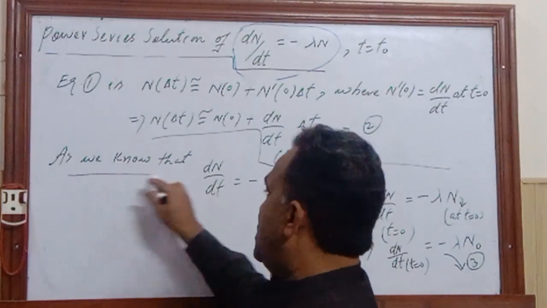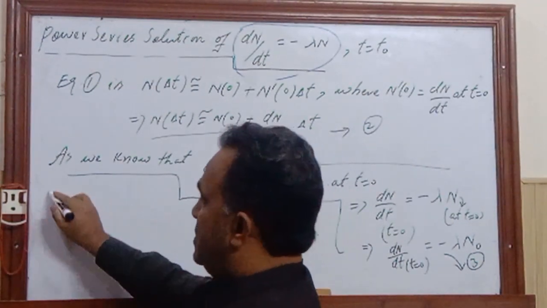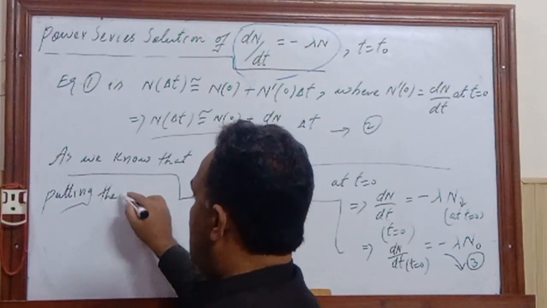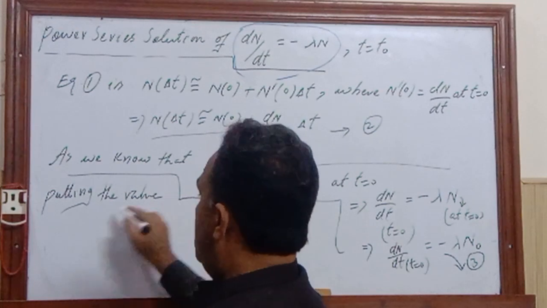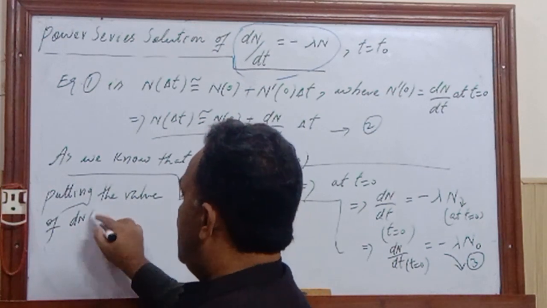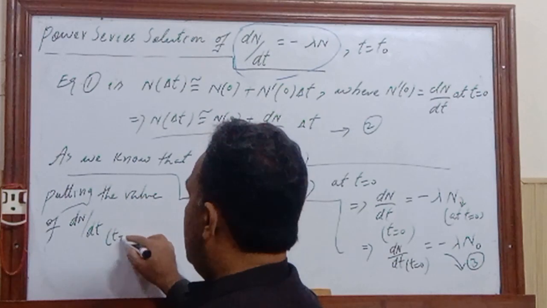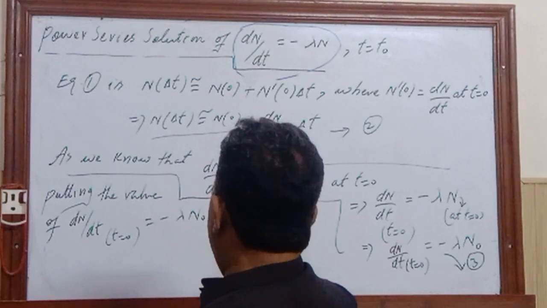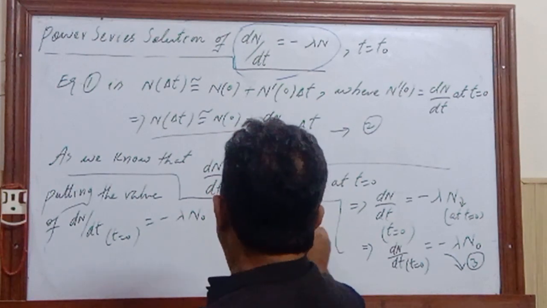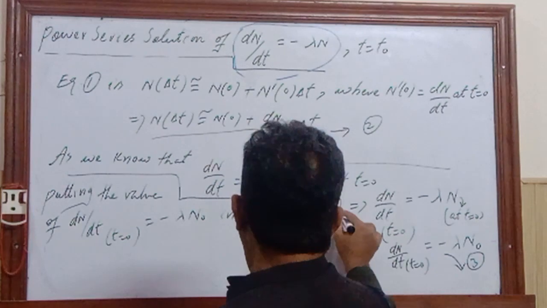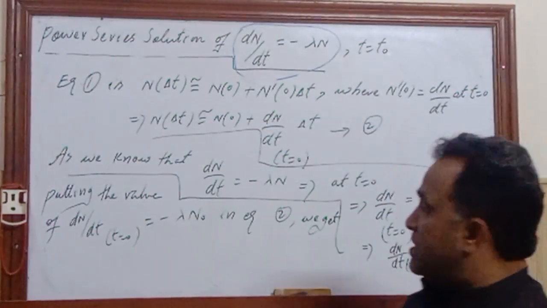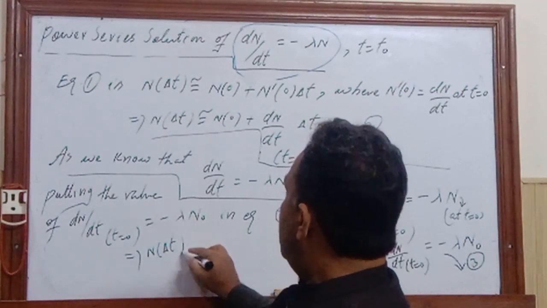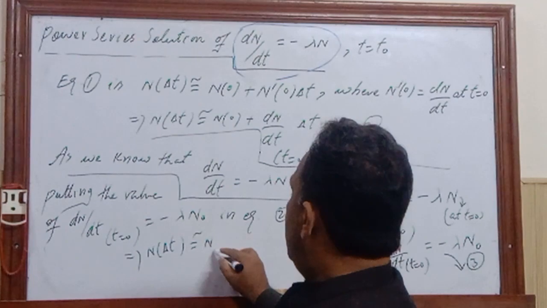So putting the value of dn over dt at t is equal to 0 to be equal to minus lambda n naught from equation 3 in equation 2, we get n of delta t is approximately equal to n naught.